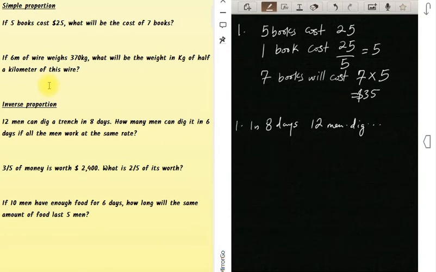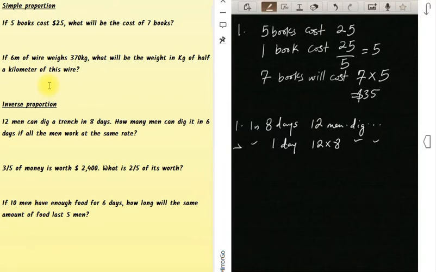Now in one day, of course, we will need more men, isn't it? 12 times 8 men will dig a trench. Now this is how we are able to know that this is inverse proportion.